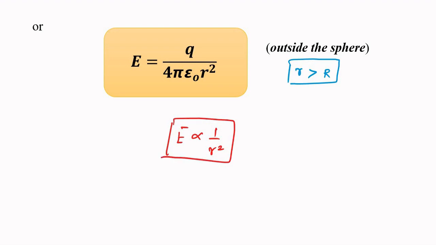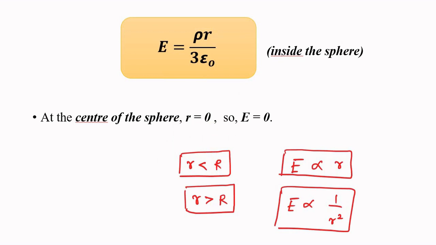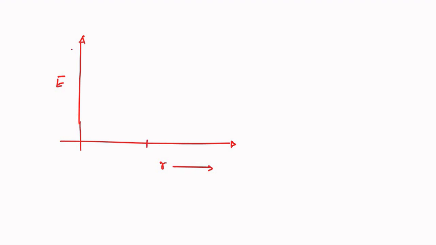So if we try to draw a plot between electric field and separation distance, it will be something like this. This is the separation distance from the center and this is the electric field. This is capital R, the point where r is equal to capital R. Up to this point, the electric field is proportional to r, so it goes on increasing.